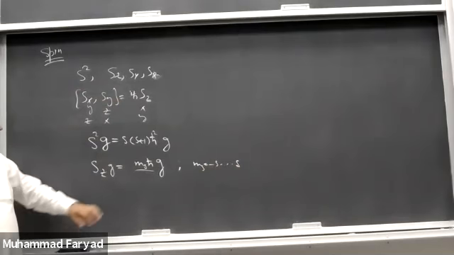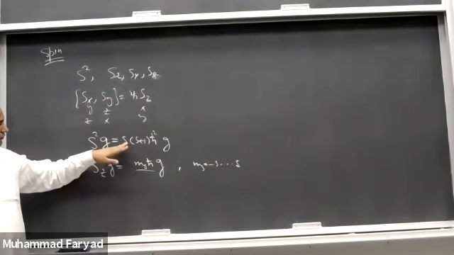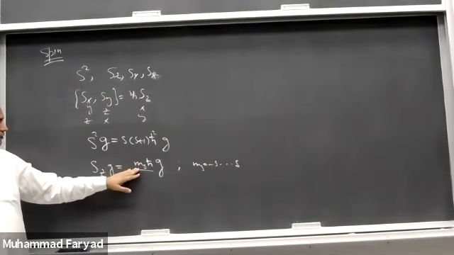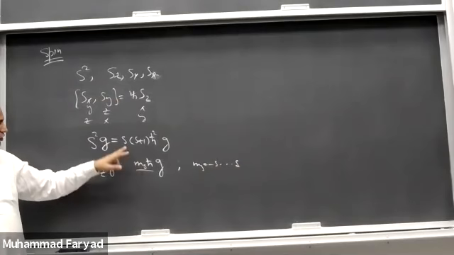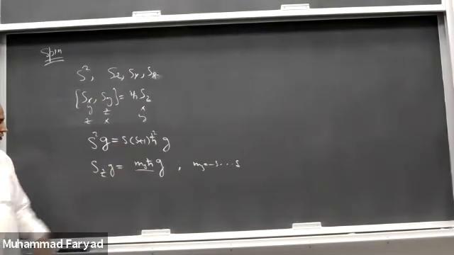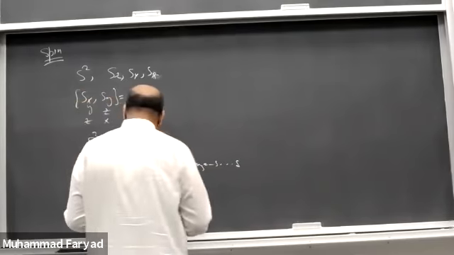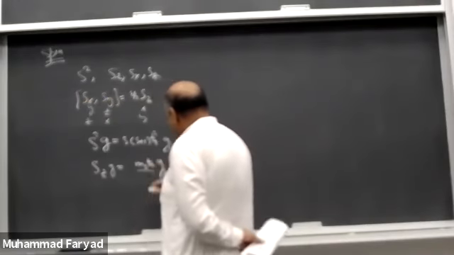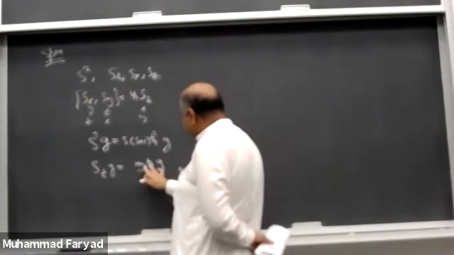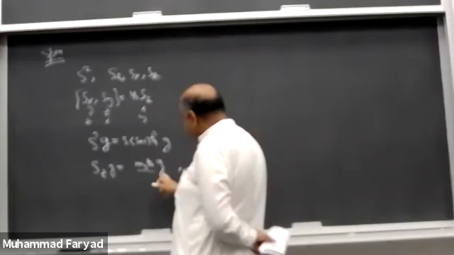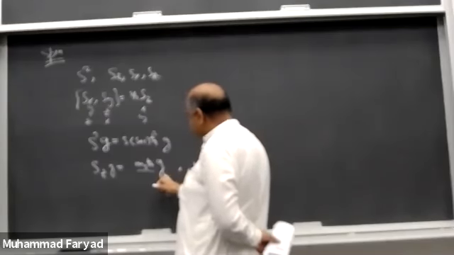And the values of this s and ms are found experimentally for particles, and for the electron we know that s is half and ms is minus half and plus half. Okay, so since for the electron ms has two values, plus half and minus half, it means that we have two eigenvectors that satisfy this equation.